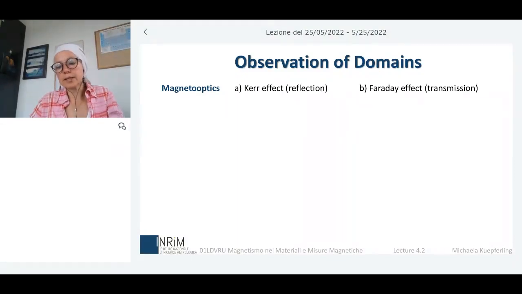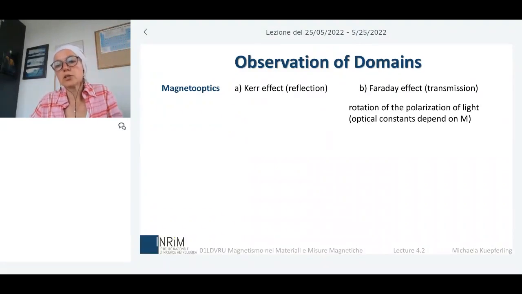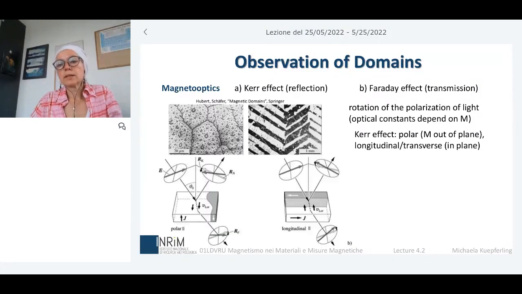This is the effect that we discussed already in the introduction of magnetism, based on what was found by Faraday, which is the rotation of the polarization of light when it interacts with a magnetic material. So the optical constants depend on the magnetism. The Kerr effect we can have in different situations.